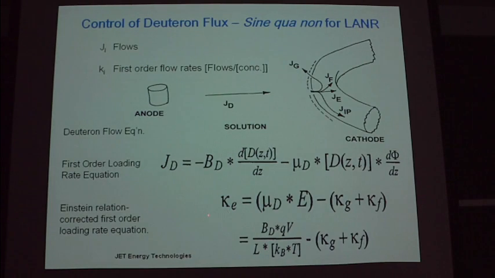What it says is the first order rate of entry into the metal depends on the electric field and the electrophoretic mobility. That makes sense. After all, we're applying an electric field intensity, so the amount that's going to go in is how much we're driving towards the cathode, minus what goes up in the gas, and we can ignore that, it's a tiny number, minus what we use for fusion.